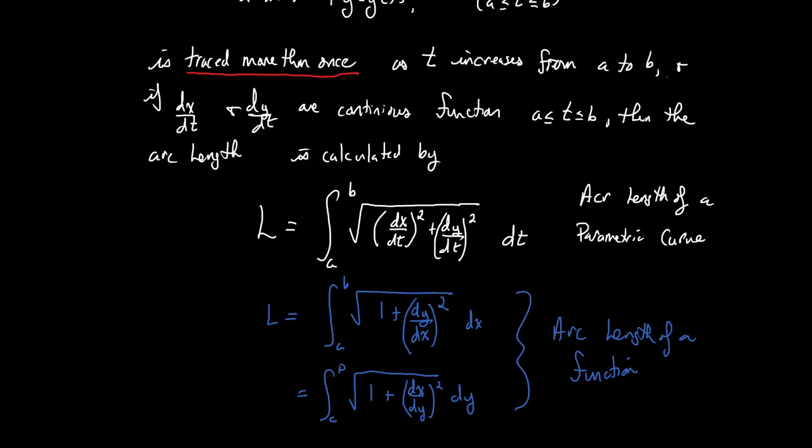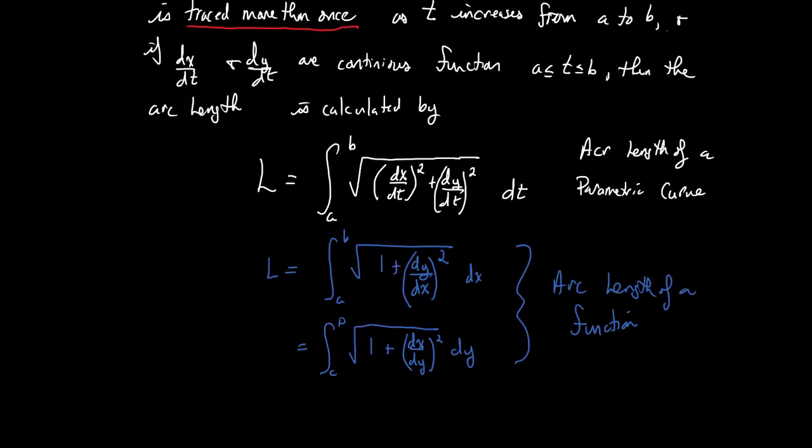So we've expanded our knowledge, and we no longer have to work in terms of functions, but we can also work in terms of parameters. So let's go ahead and look at an example on how to calculate arc length, given that we have a parametric curve.